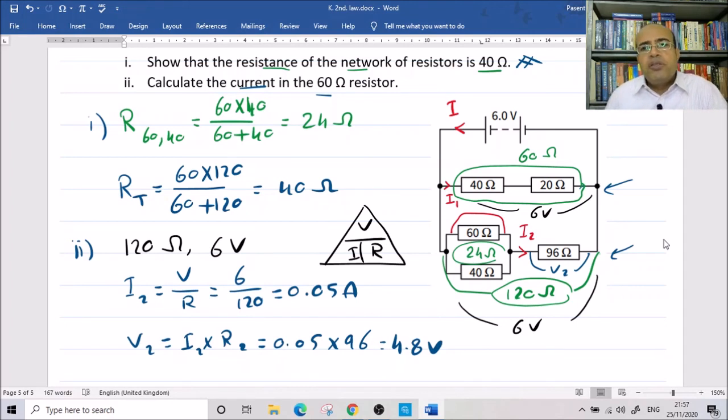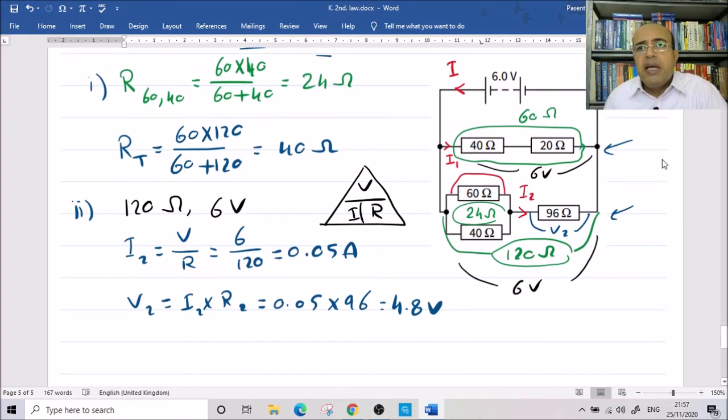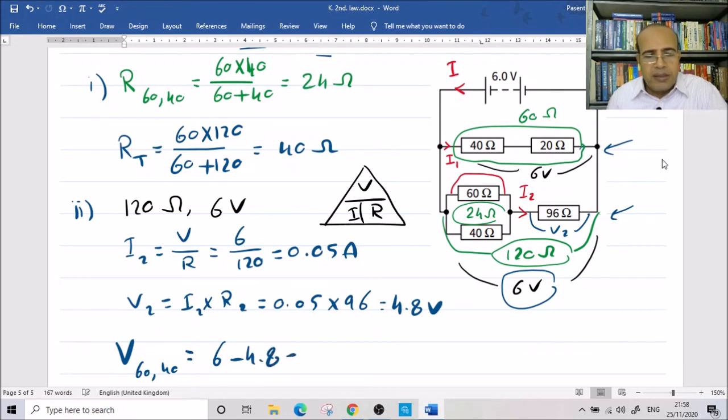So the voltage through 60 and 40 ohm equals the total voltage, which is 6 volt, minus 4.8. So 6 minus the answer is 1.2 volt. So the voltage through 60 and 40 is 1.2 because they are parallel.